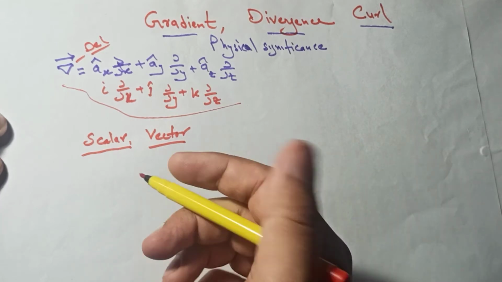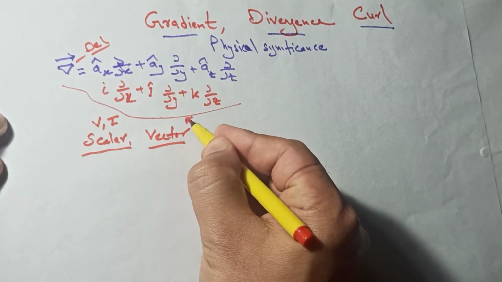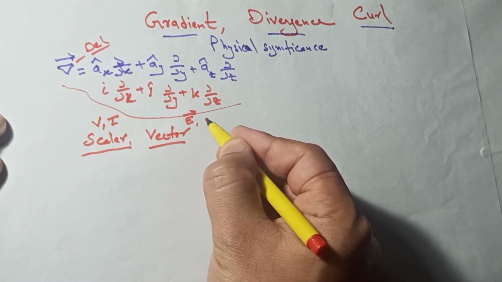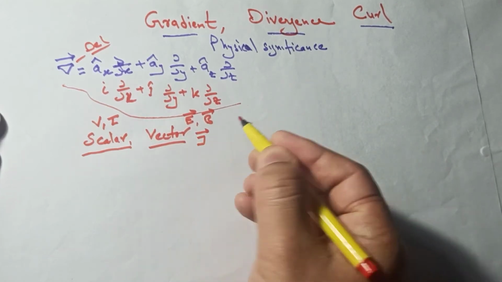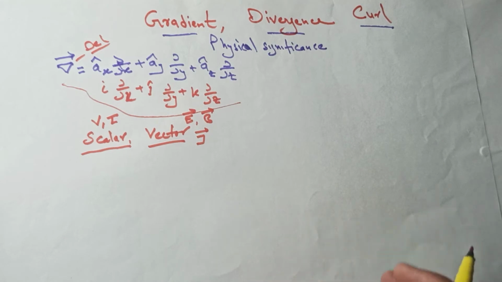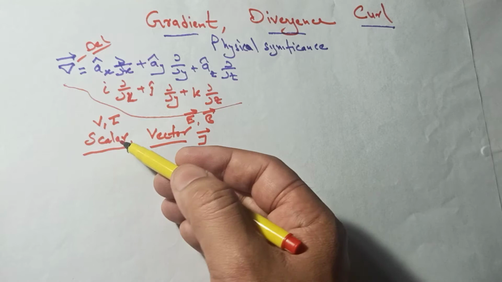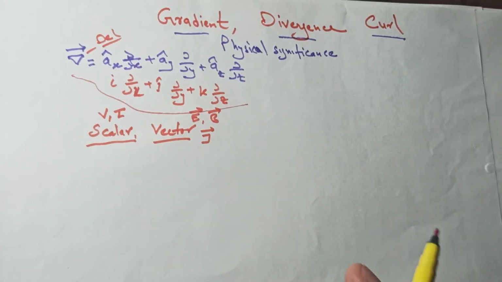Voltage and current are scalar quantities, and the electric field, the magnetic field B or the current density are vector quantities. Speed is a scalar quantity, velocity is a vector quantity.